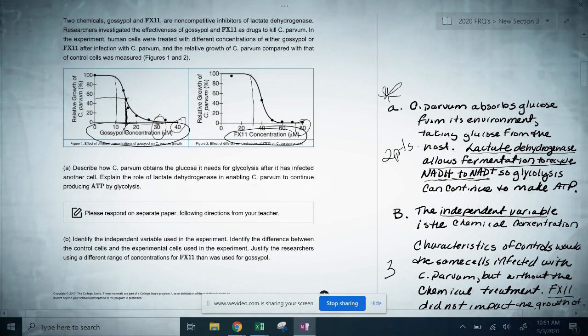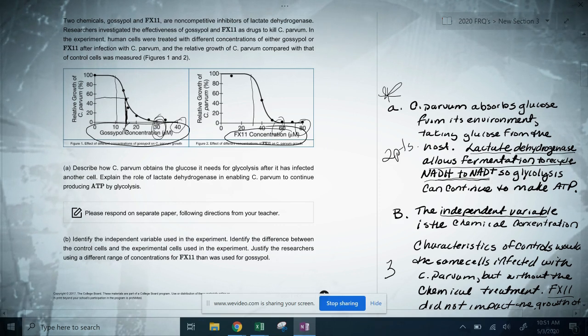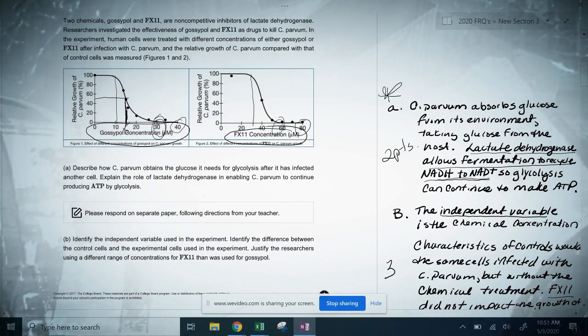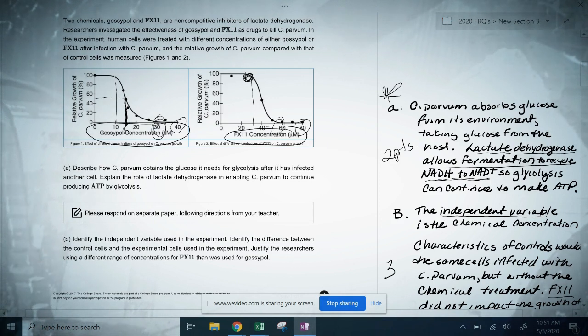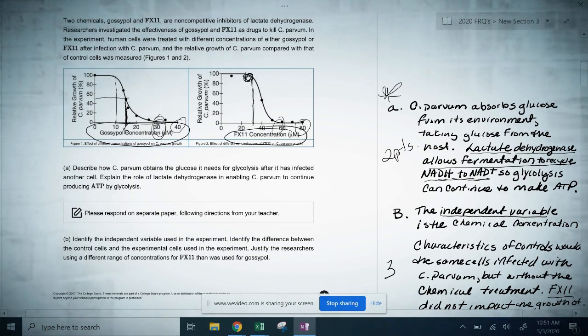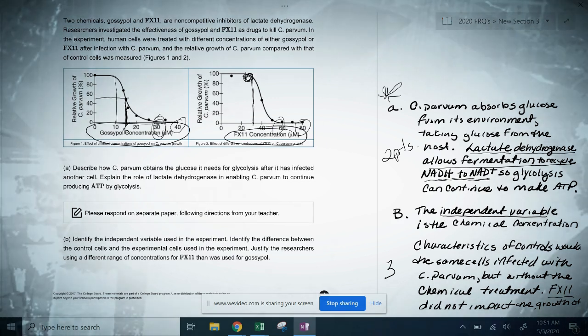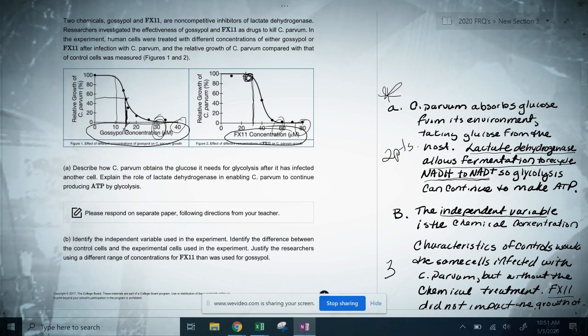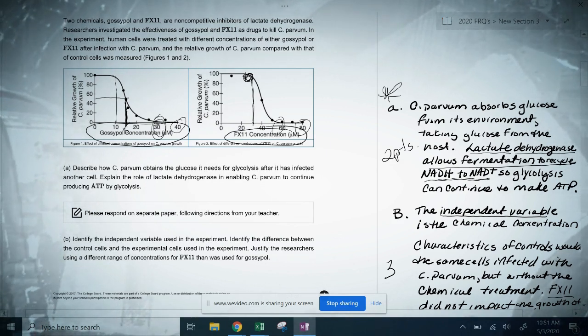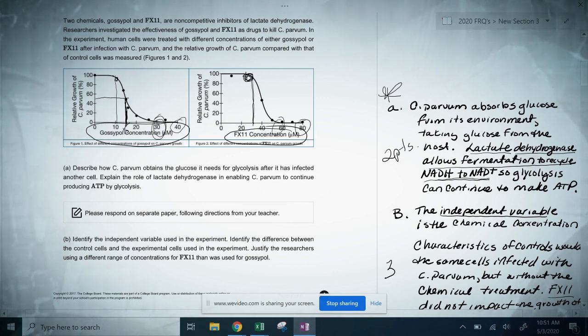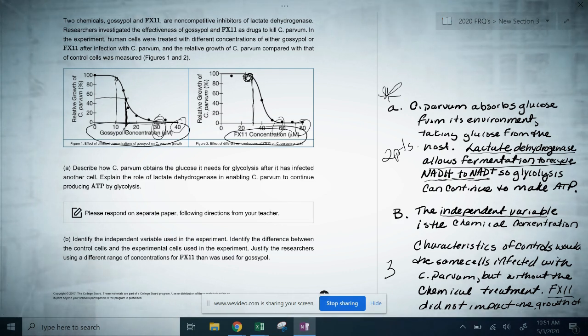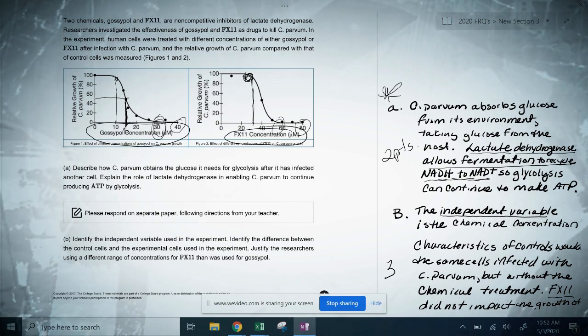And over here, nothing's really happening from 30 on. If you look at FX11, where this curve starts to bend, and if I went down, that's about 30. That's starting to prevent the growth there. I'm sorry, I was drawing the wrong line. Right around there, anywhere between 10 and 15, it's impacting it. I would say at 10.